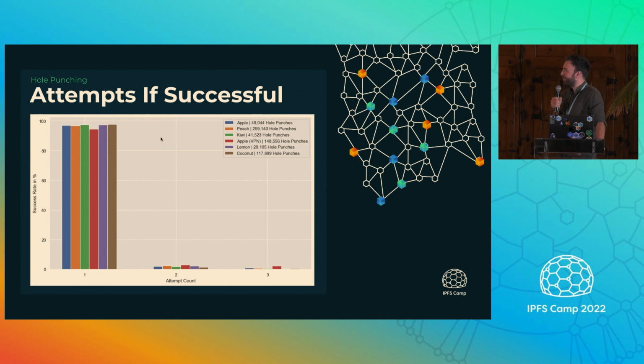And if we take a look at the successful connection establishments and how many attempts we needed, we can see that in 97 or 98% of the cases, it worked within the first attempt. This means that if it doesn't work with the first attempt, we can just stop the protocol and not try again, and be reasonably sure that the connection cannot be established. So this could feed back into a protocol improvement.